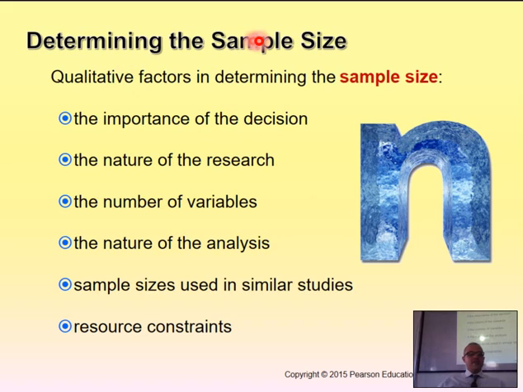So here we've got determining the sample size. Now, qualitative factors in determining the sample size: the importance of the decision. So if this is a very important decision, then we want a smaller sample or a bigger sample. Maybe we want a bigger sample. The nature of the research.